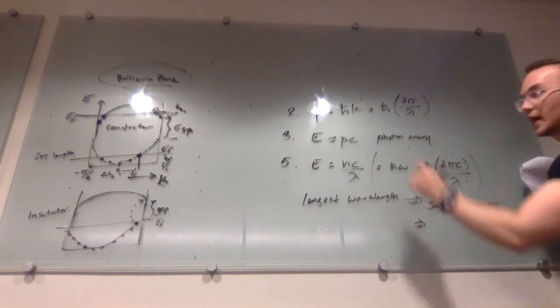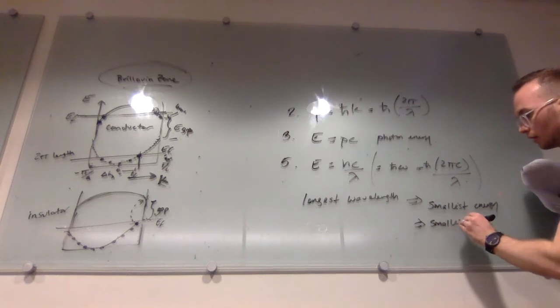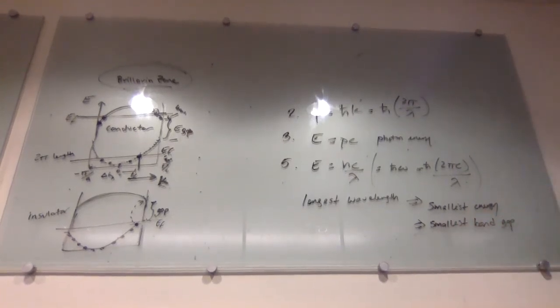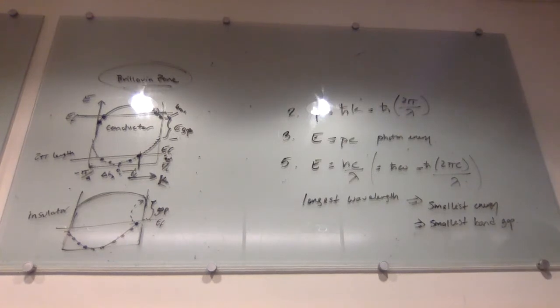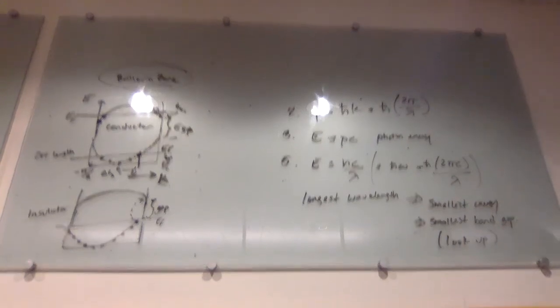And if I want the smallest energy in this transition across the gap, I need the smallest band gap. They give you a list, and you're definitely supposed to look them up, because I don't know how else you would know them. So this you can look up. There should be a table somewhere.